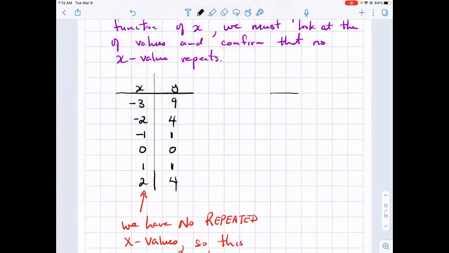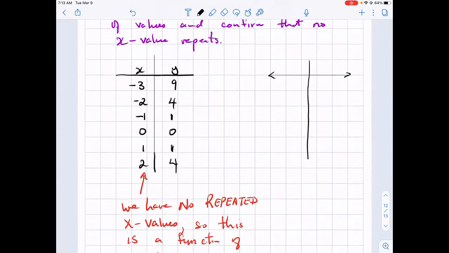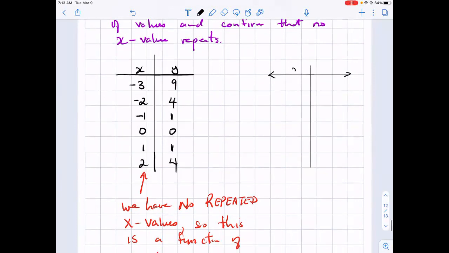On the other hand, if I have this table here, and if this is x and this is y, and for example, if I have -4 goes to 4, -3 goes to 2, -1 goes to 0, 0 goes to 1, and then 2 goes to 6.